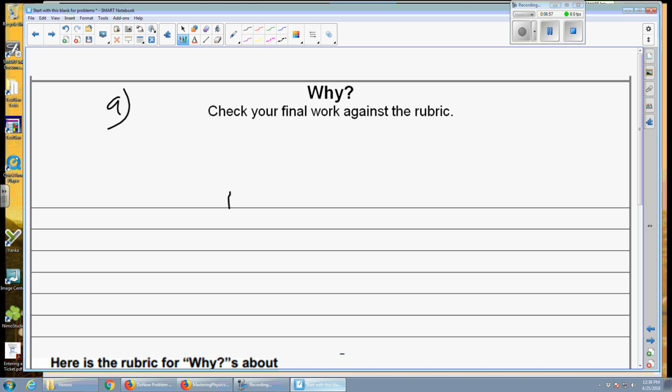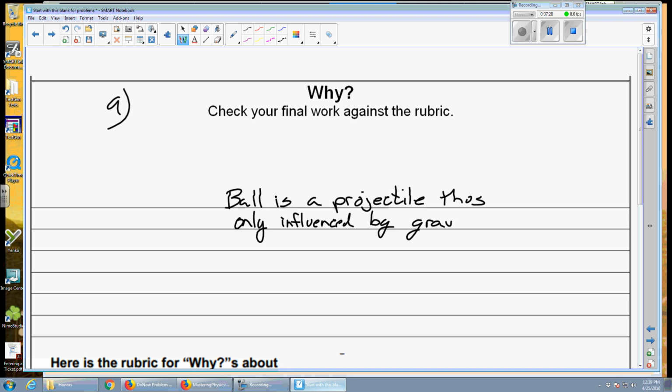So I would start off: the ball is a projectile, thus only influenced by gravity.